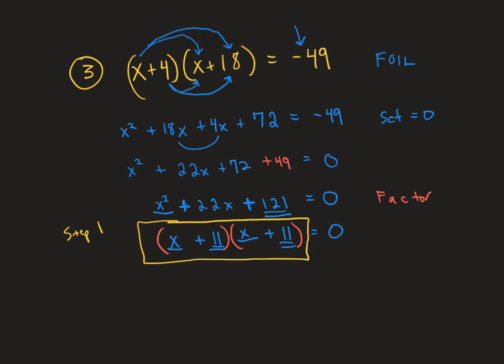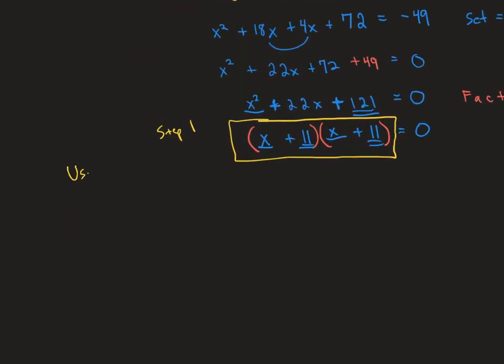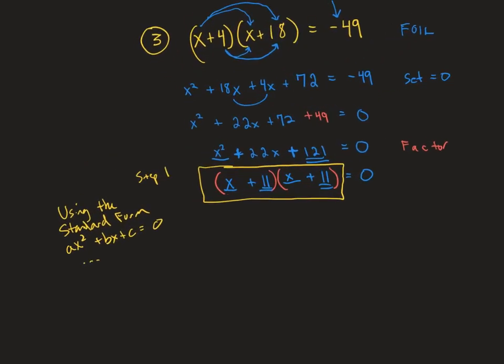And the instructions for that will say something like using the standard form ax squared plus bx plus c equals 0. Basically, they're just asking you for the factored version on the left. So this would be the answer to all that.